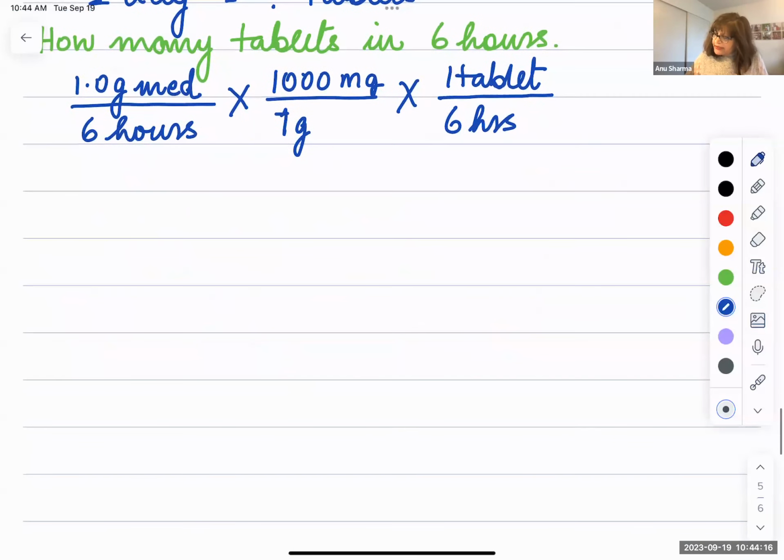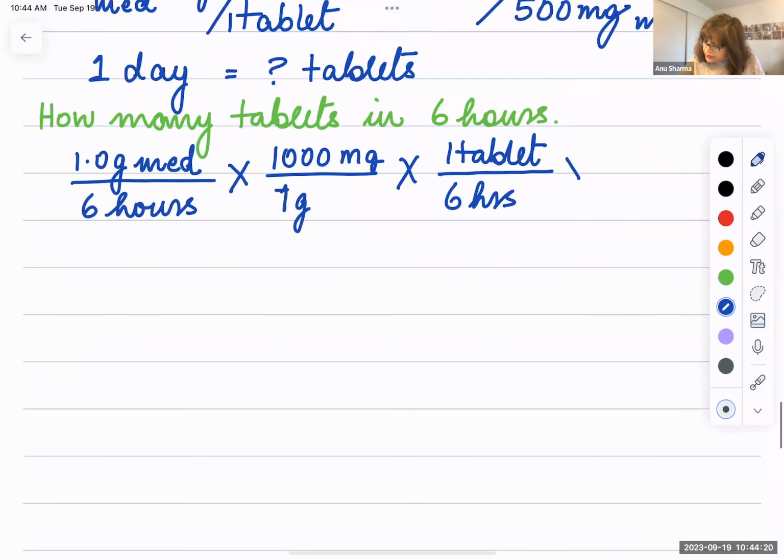This will give you how many tablets will be in 6 hours. And in 1 day, I think they are calculating it as 24 hours.